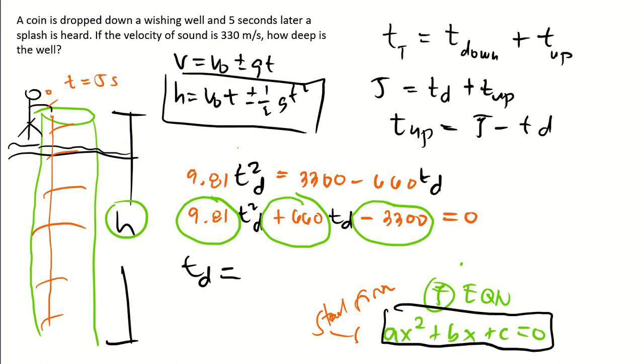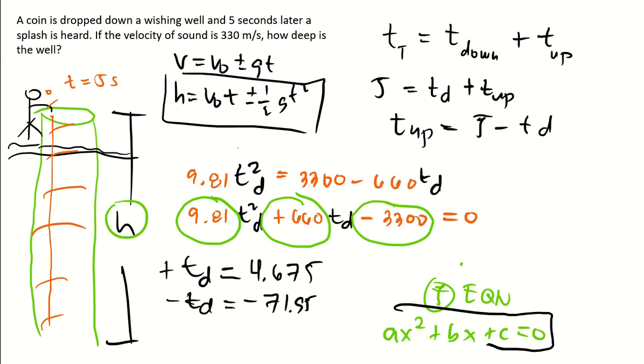So, merong isa. So, yung positive, ang bibigay niya sa akin ay 4.675. Ang isa naman, yung negative, is negative 71.95. Now, tatanungin niyo na agad ang sarili nyo, sir, anong value ang gagamitin namin?